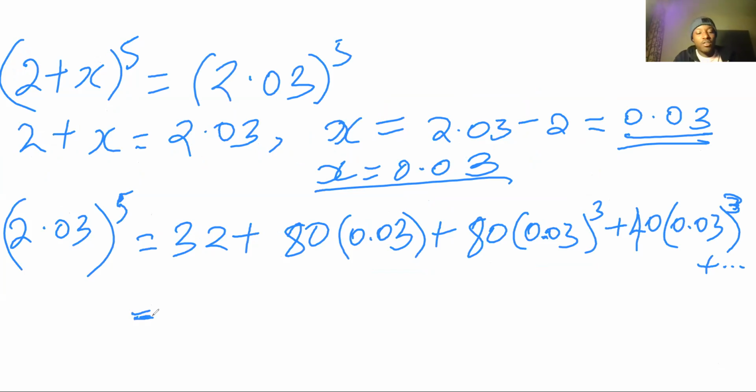So let me go back to my calculator. That is where we are tested. So that's 32 plus 80 times 0.03 plus 80 times 0.03 squared.